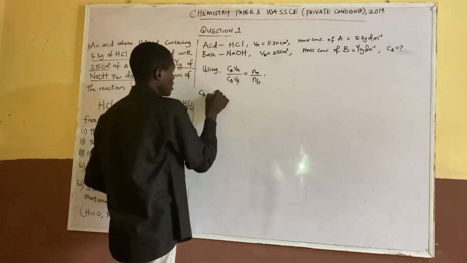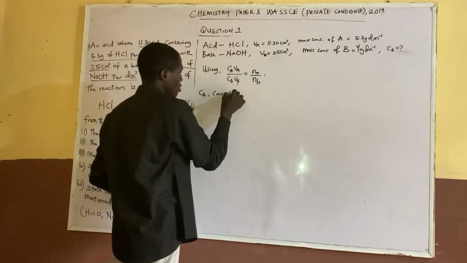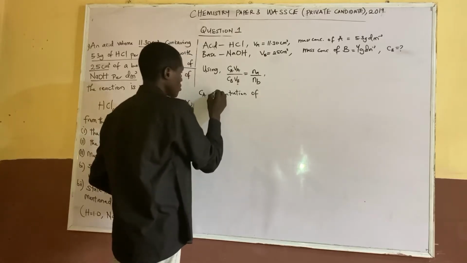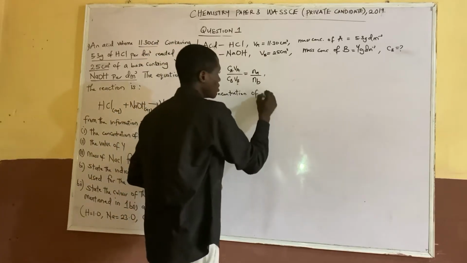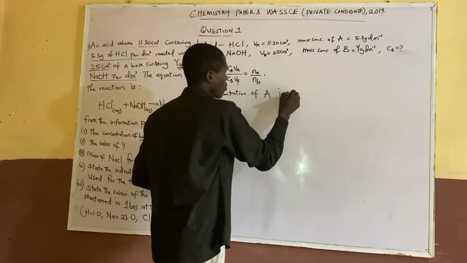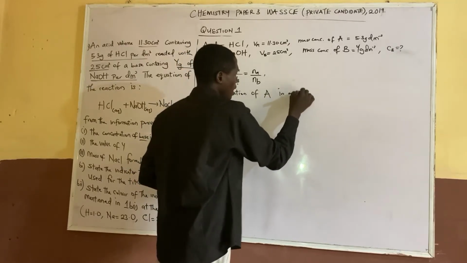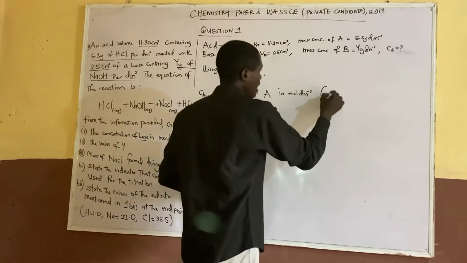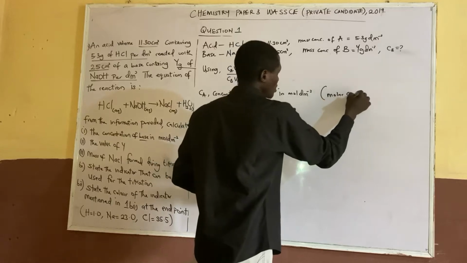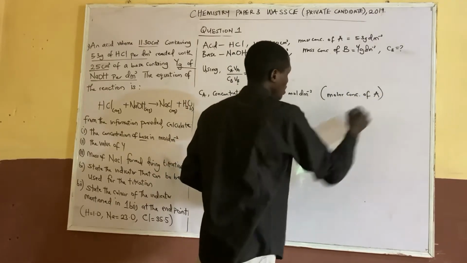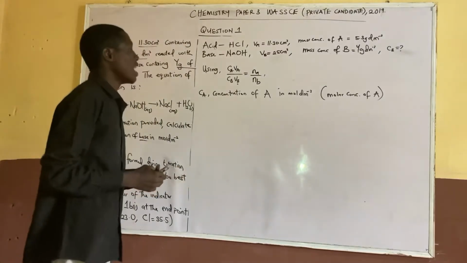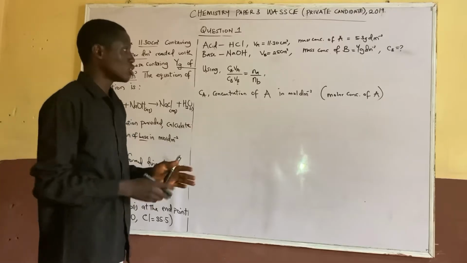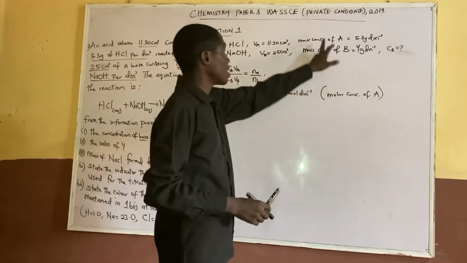Now let's calculate CA. You know that CA is the concentration of A, which is our acid, in mole per dm cube, which is also known as the molar concentration of A. And there are two types of concentration: molar concentration and mass concentration.